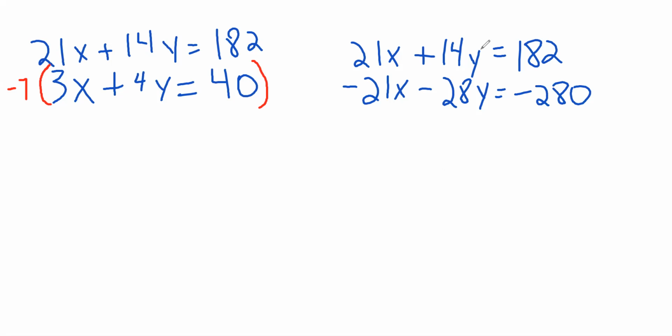So now, if I add them together, the 21x minus 21x, that's gone. That was the whole point. Now this becomes 14y, basically minus 28y, which will give me negative 14y.